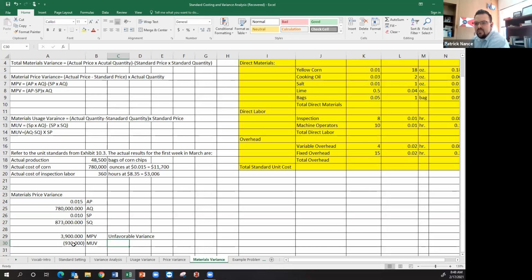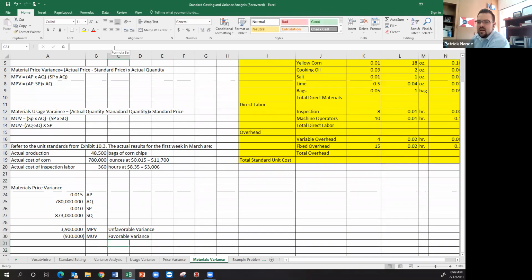That variance came from the fact that my actual quantity used was less than standard. So this is a favorable variance, because I used less than what I should have used based on the fact that I manufactured 48,500 bags of corn chips. That is the materials price variance and the materials usage variance.